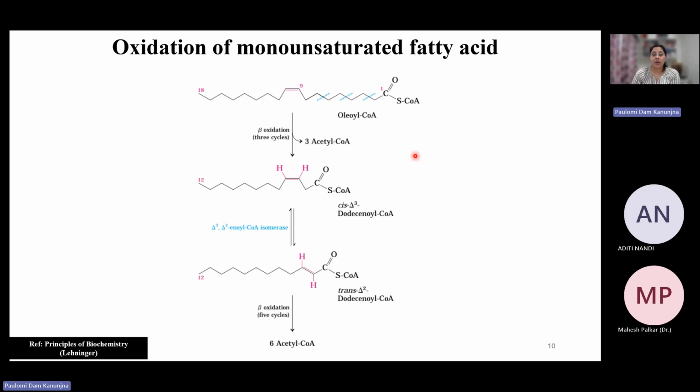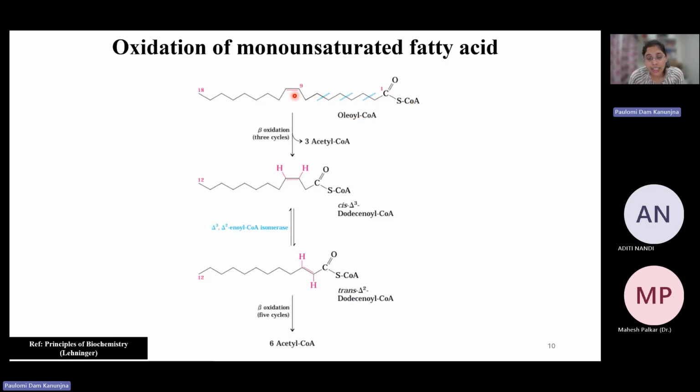On your slide right now are monounsaturated fatty acids, which have basically one double bond. So this is oleoyl coenzyme A. The double bond is here and the coenzyme A is here. In the first cycle this goes, in the second cycle this goes, in the third cycle this goes.